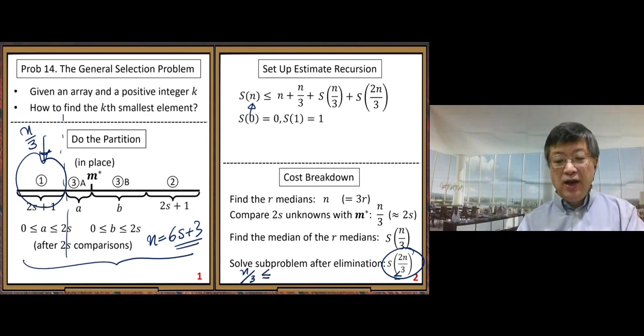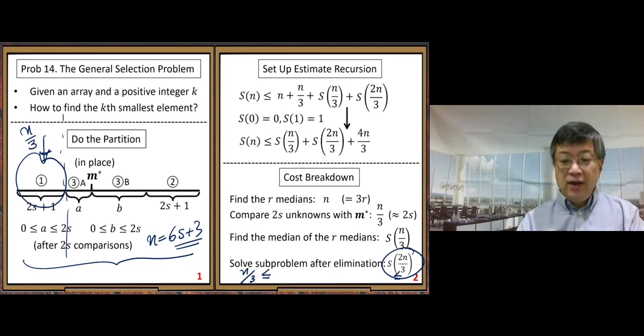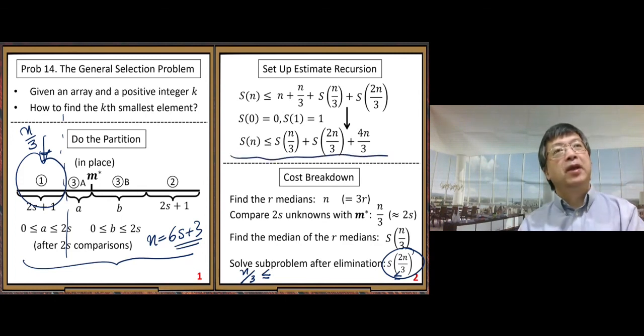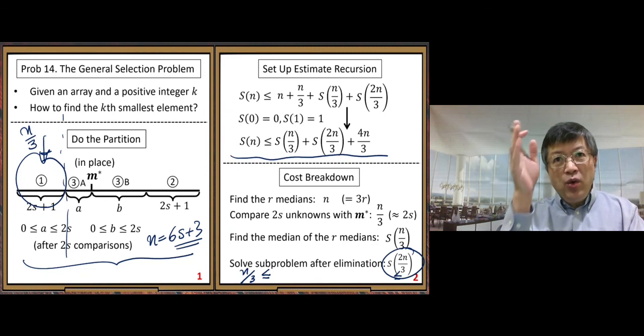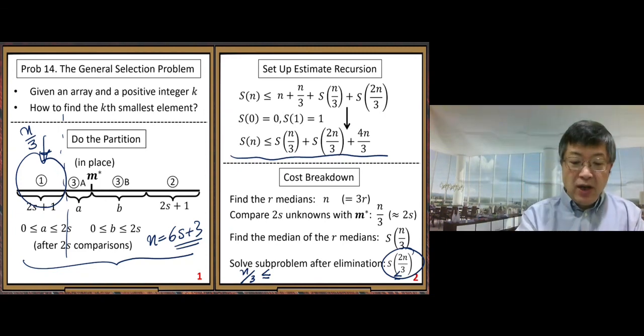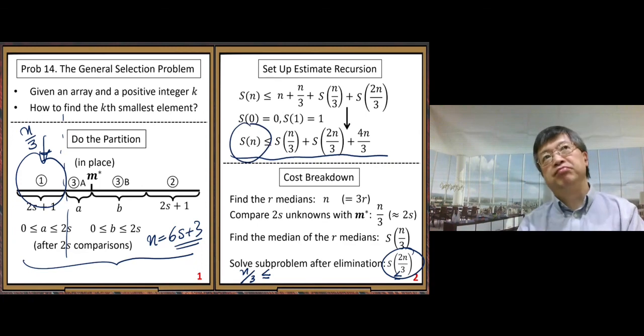The initial condition is easy to get. Then I just simplify the inequality so we get this inequality.